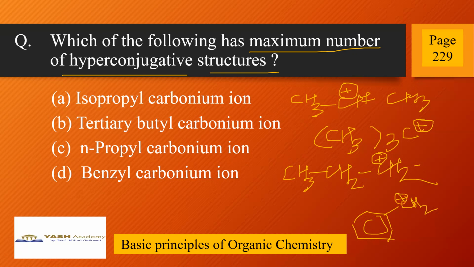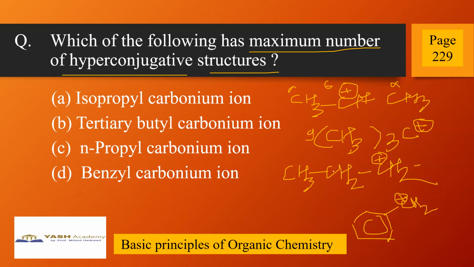Now from this we can calculate the number of alpha hydrogen atoms. In the first case, these are the alpha carbons, so there are 6 alpha hydrogen atoms, so six hyperconjugative structures can be drawn. In the tertiary butyl case, CH3 thrice means 9 hydrogens.